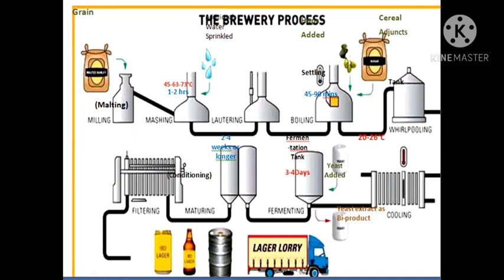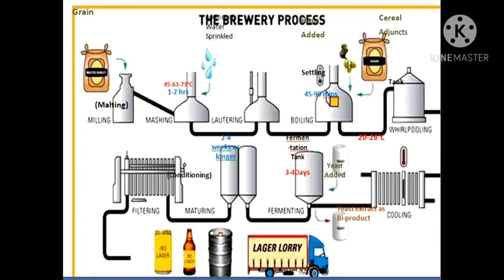After fermentation, you have to leave it for 2 to 4 weeks or longer. Then it goes for the maturation process. After maturation, we filter it fine, and then it is stored in a bottle, a case, or beer glasses.